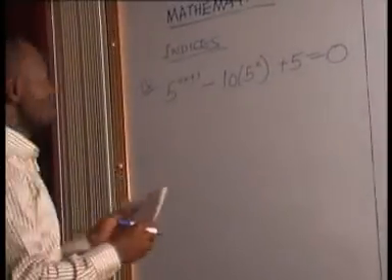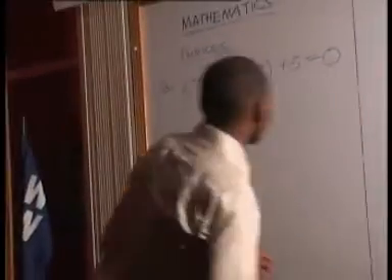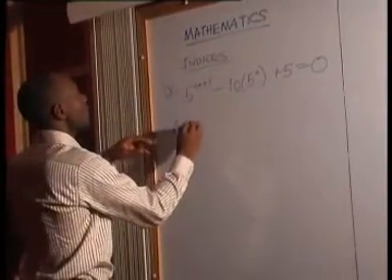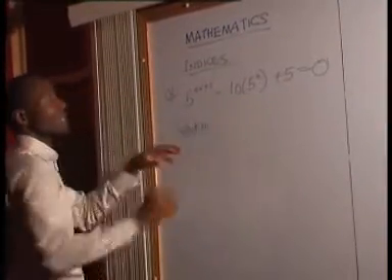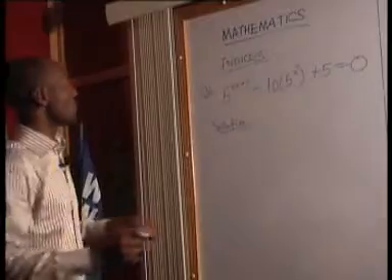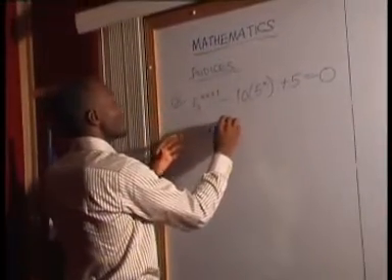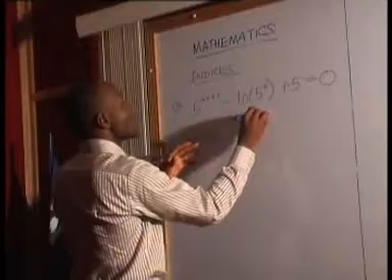This question is an exponential equation that we're going to simplify, and it turns into a quadratic equation that we will solve. We are told to find x. Solve for x.